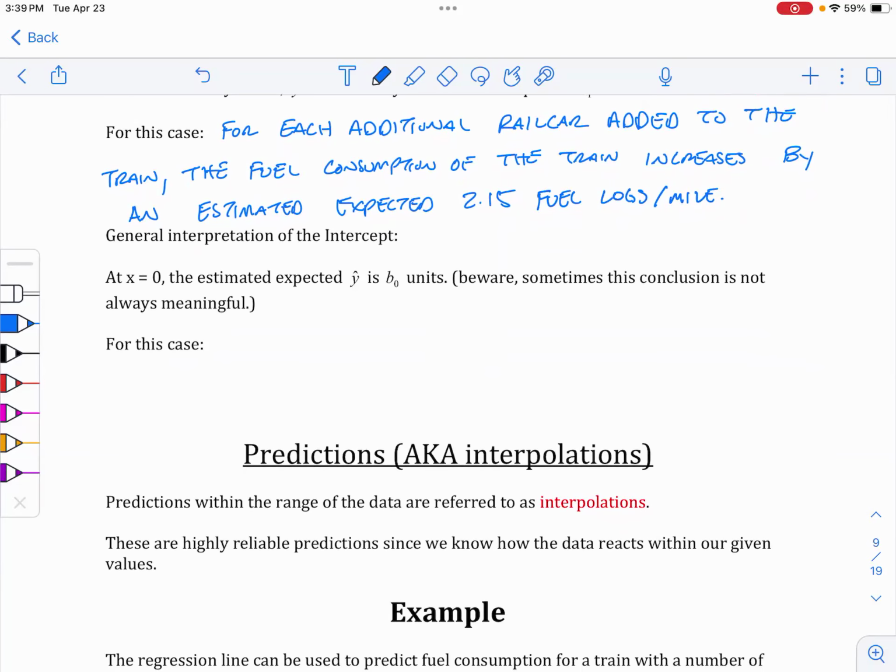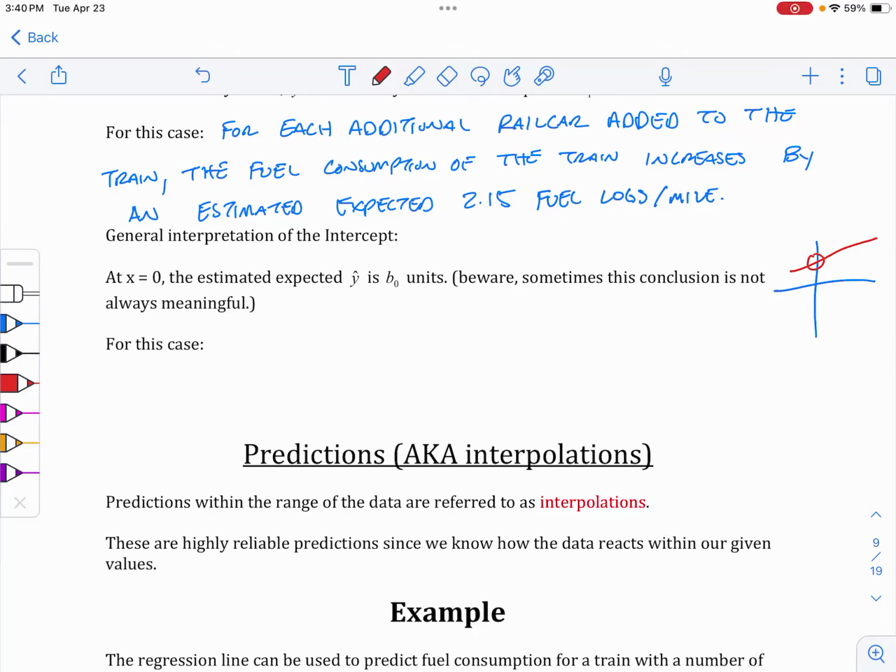All right, similarly, I want to interpret the intercept, the y-intercept. The general interpretation at x equals 0, the estimated expected y hat is the y-intercept units. So again, the general interpretation is exactly what you think it is, because it is basically saying, where does the line cross y and what does that mean?